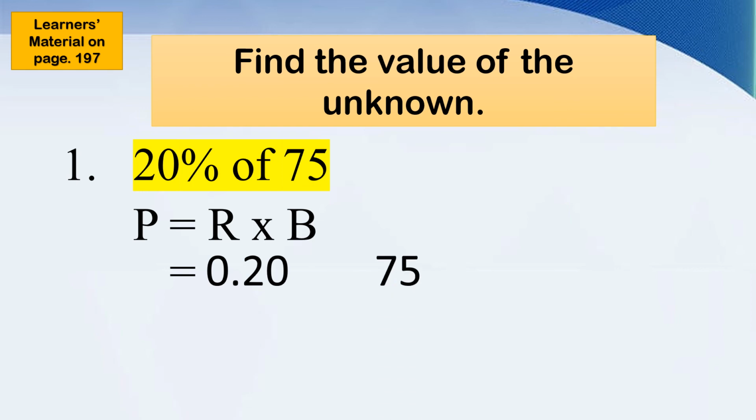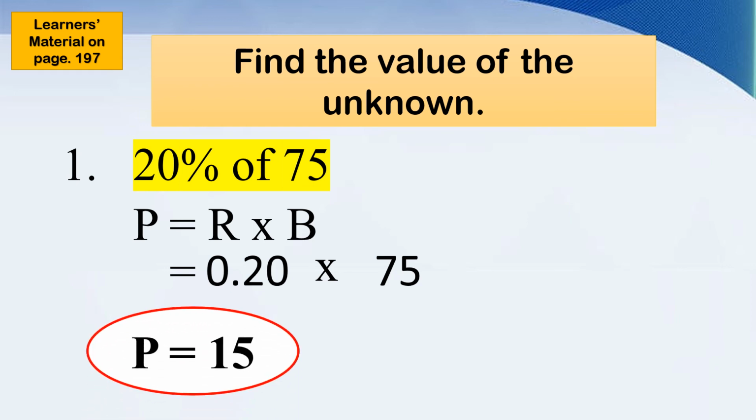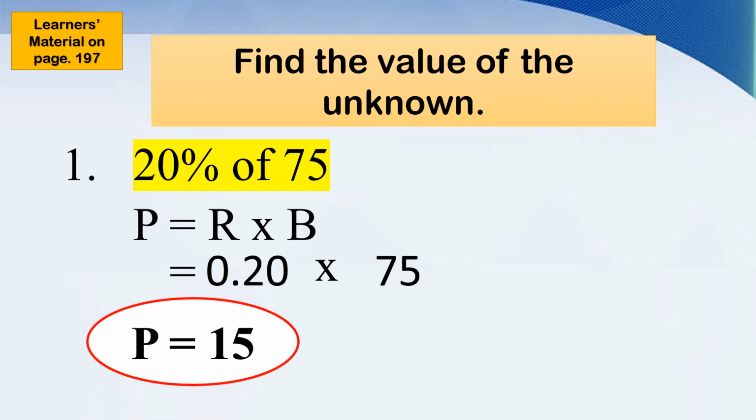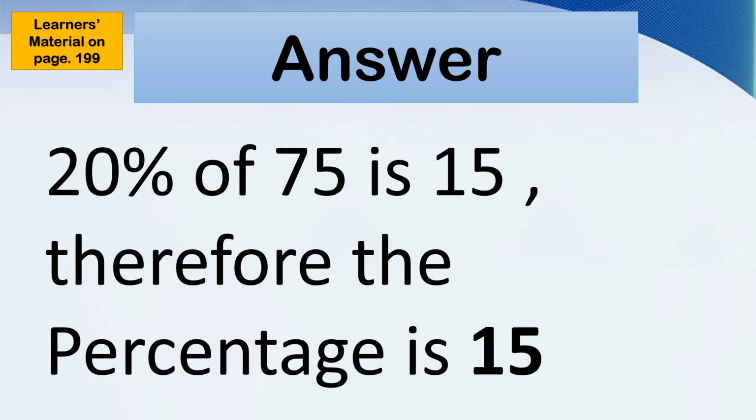Our base is 75. 0.20 times 75. Get the product of rate and the base. The product is 15. Hence, 20% of 75 is 15. Therefore, the percentage is 15.